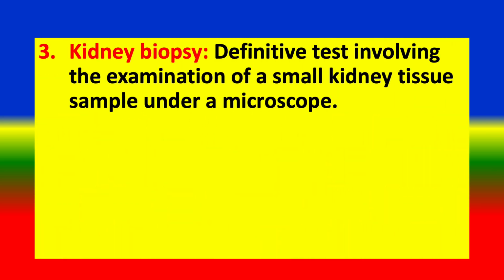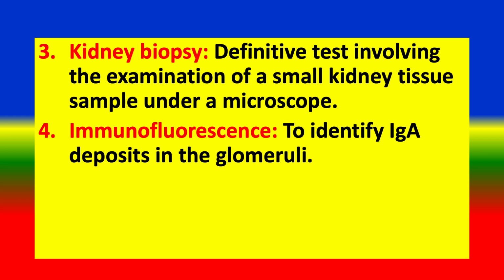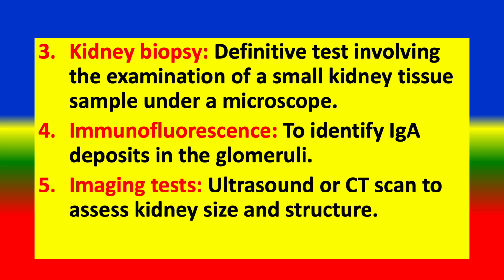Kidney biopsy, the definitive test, involving the examination of a small kidney tissue sample under a microscope. 4. Immunofluorescence to identify IgA deposits in the glomeruli. 5. Imaging test, ultrasound or CT scan to analyze kidney size and structure.